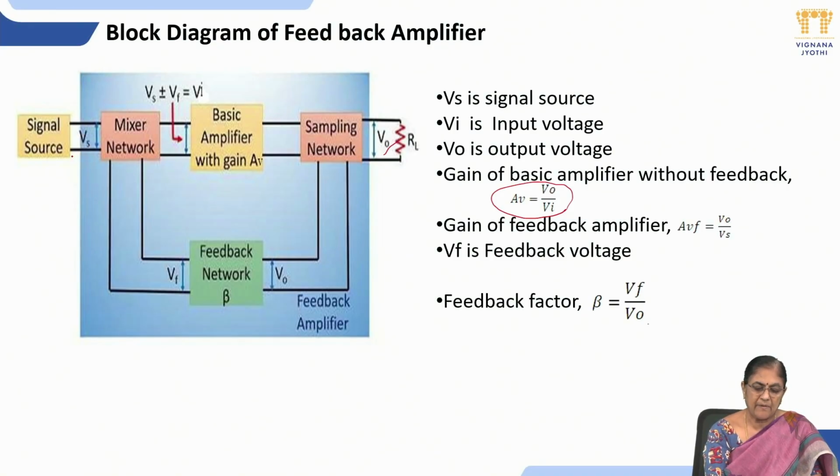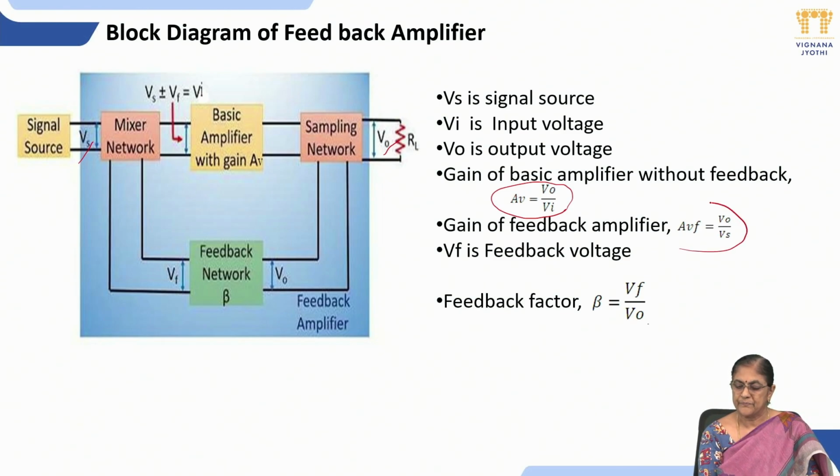The input of the feedback amplifier is Vs. Therefore, the gain of the feedback amplifier AVF is equal to the ratio of V0 to Vs. Then Vf is the output of the feedback network. V0 is also the input of the feedback network. So the gain of the feedback network, or feedback factor beta, is equal to Vf by V0.